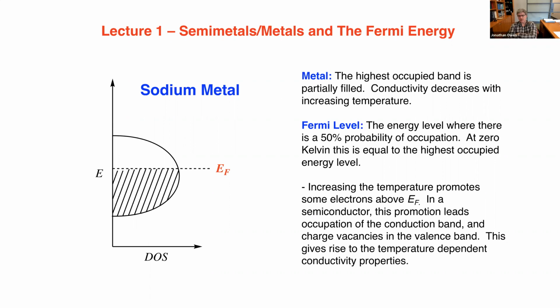Sort of a funny definition. When you cool something down to 0 Kelvin, it's the highest occupied energy level. But when you heat it up, some of the electrons get thermally excited, because in a metal like sodium, there are so many different energy levels so close to each other that thermal energy is enough to promote an electron from one level to the next.